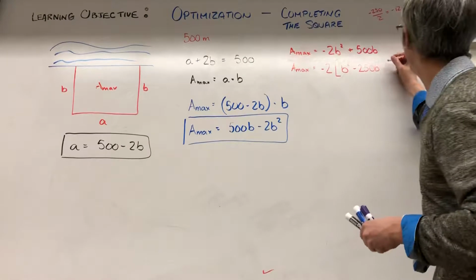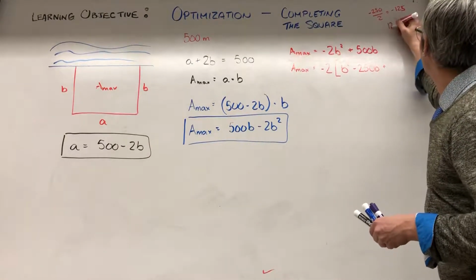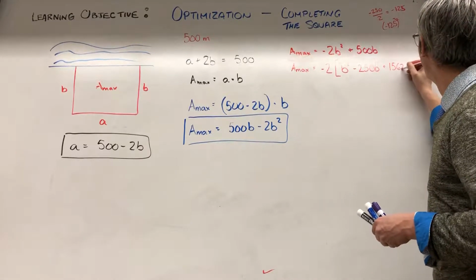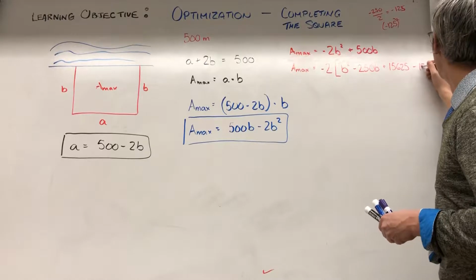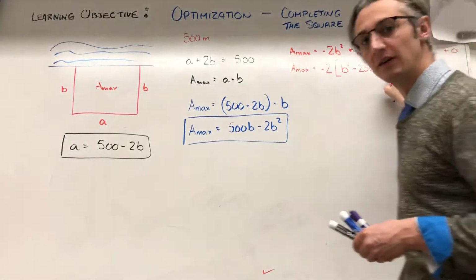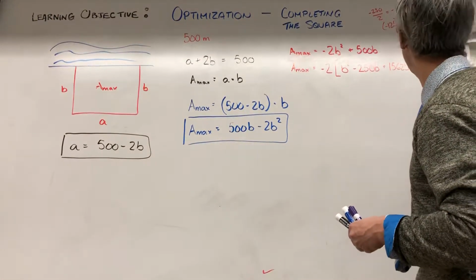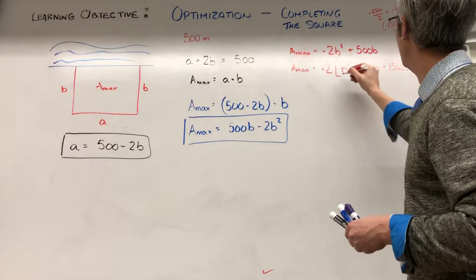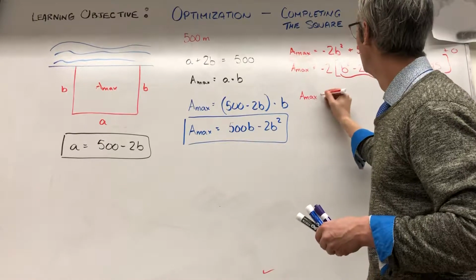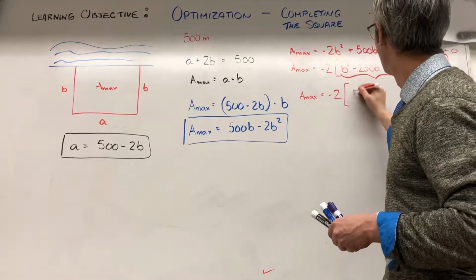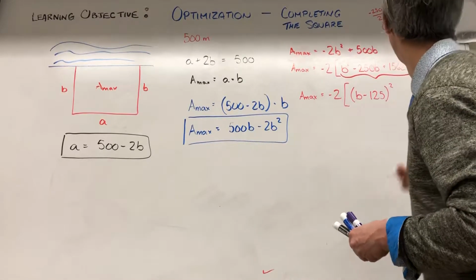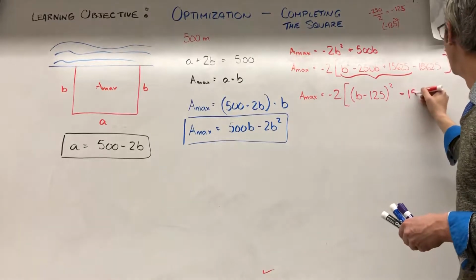125 squared is 15625. So plus 15625. I can't just add a number out of the blue, so I'm adding a net 0 here, okay? I haven't really changed this because this is net 0. But this is a perfect square trinomial, so I write it out: B minus 125 squared, and then I pull this down to minus 15625.